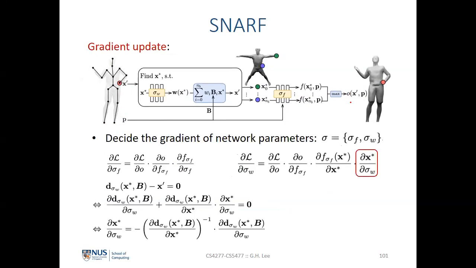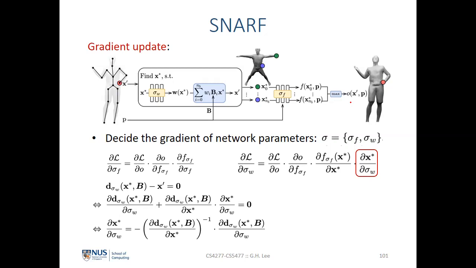And here's how you compute the loss. It's fairly computationally expensive, because when you do the loss function, you partially differentiate with respect to two parameters. One is the one where you learn the features to infer the occupancy, which is sigma f. The other one is the weight parameter over here.